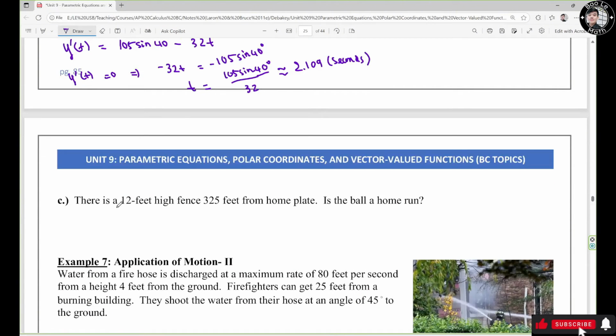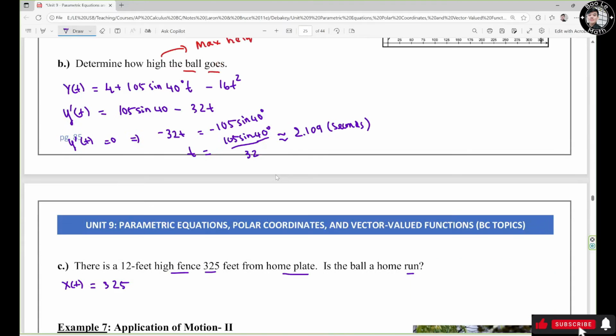Question C. There is a 12 feet high fence 325 feet from home plate. Is the ball a home run? Alright, so we have x of t equals 325.